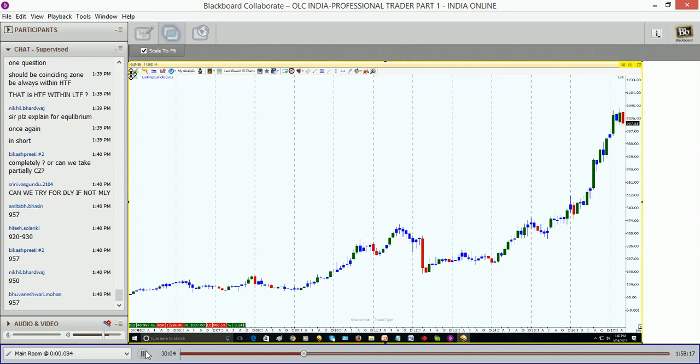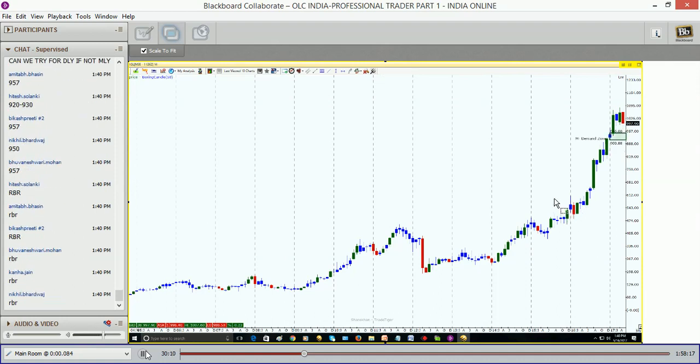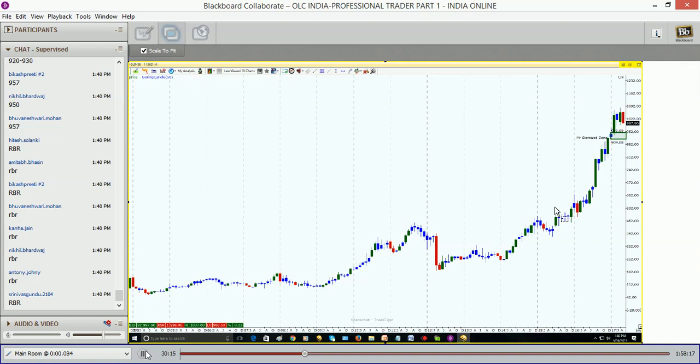What is this pattern called? This is called a rally base rally. Fantastic. Do I have any overhead supply zone in this case? Absolutely not.